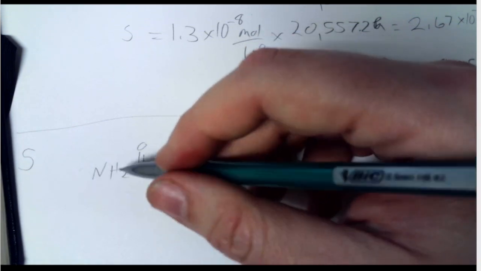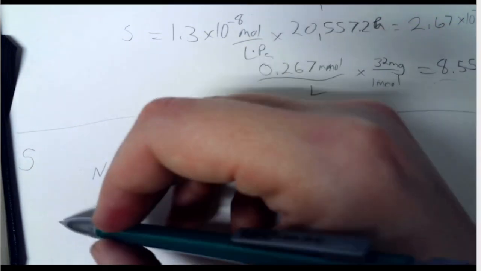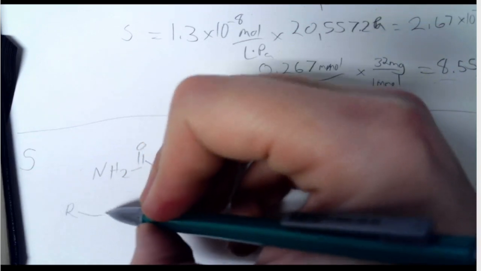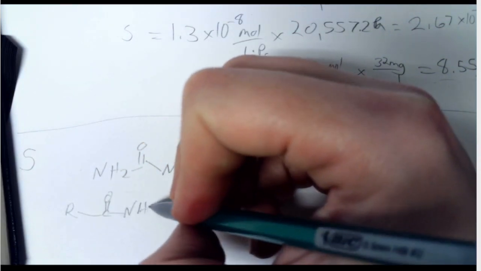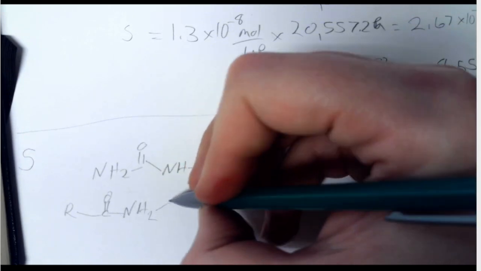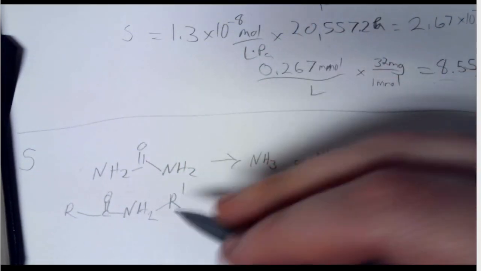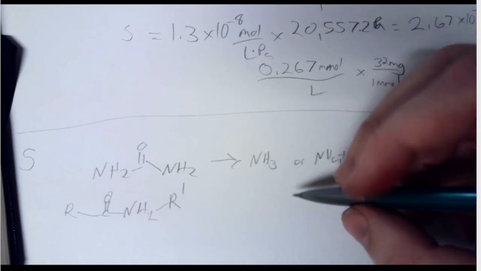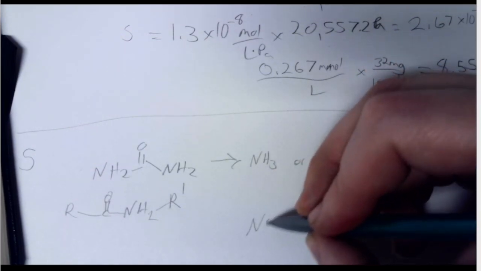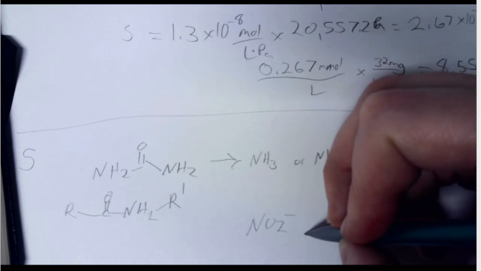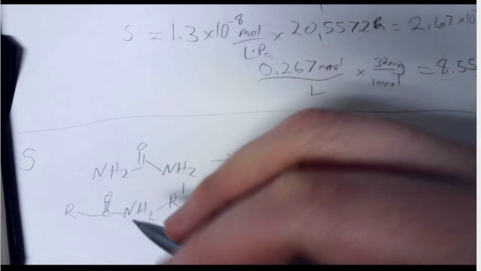Proteins also have amide groups, which can also be lost to ammonia. We also have uric acid. Uric acid can be converted to NO2 minus or even N2.